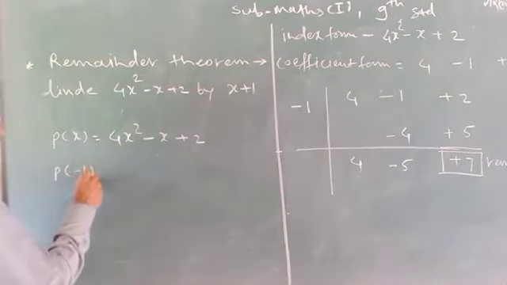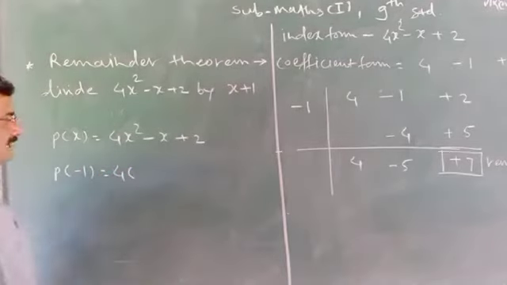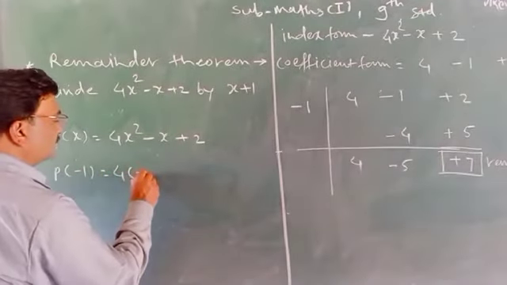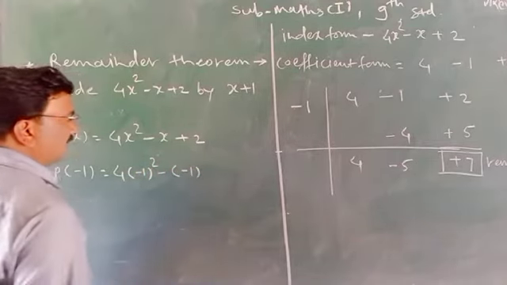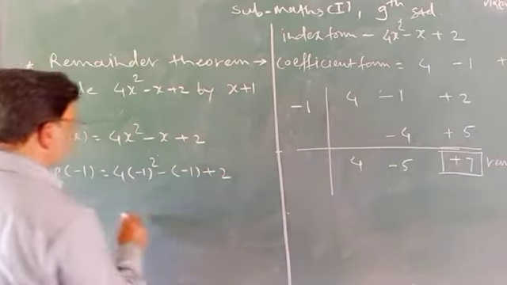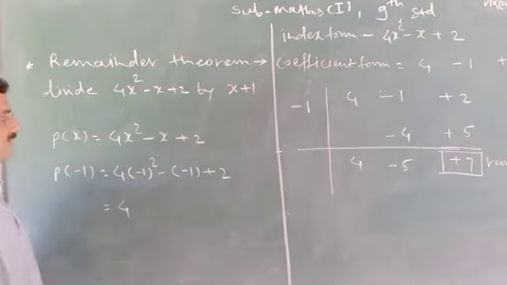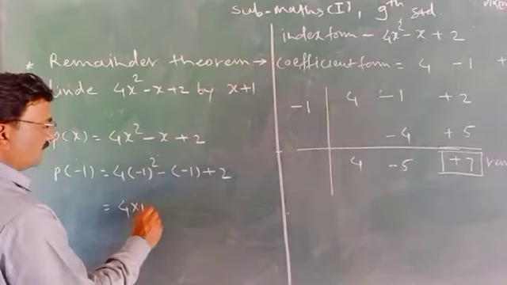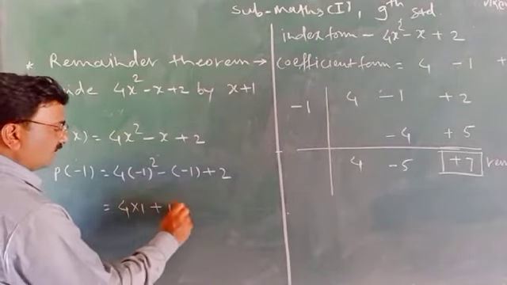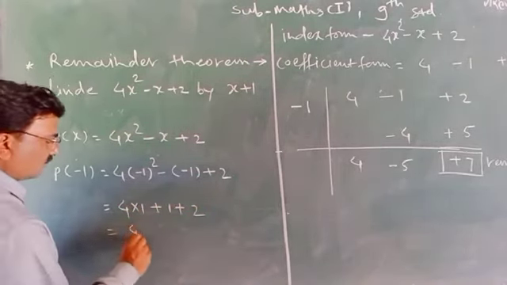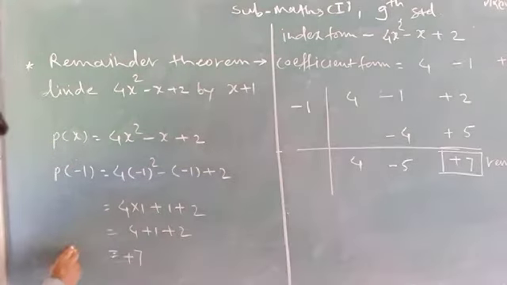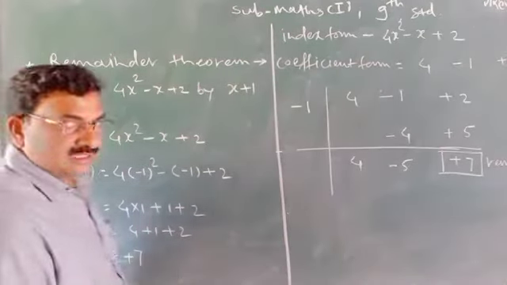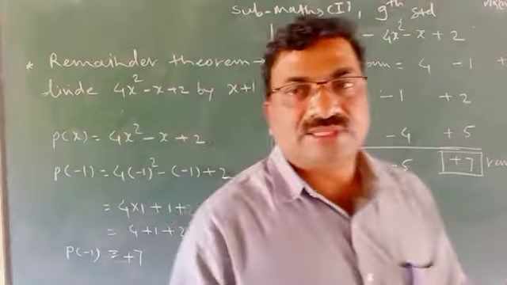P of minus 1 is equal to 4 into bracket minus 1 square, minus bracket minus 1, plus 2. Concentrate on the sign. 4 into 1 is 4, plus 1, plus 2. 4 plus 1 is 5, plus 2 is 7. P of minus 1 is 7. At every stage we can obtain the same remainder.